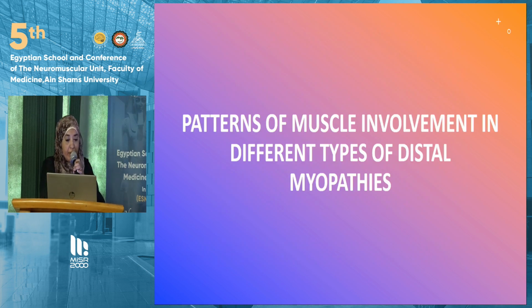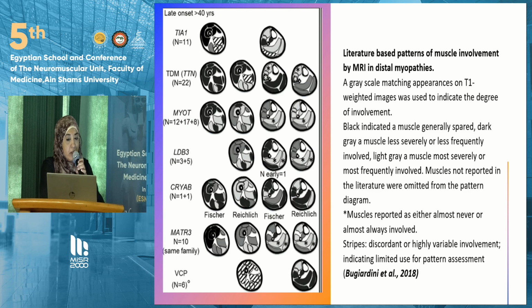Patterns of muscle involvement in different types of distal myopathies. This is a literature-based pattern of muscle involvement by MRI in distal myopathies, which is used for probable diagnosis of distal myopathy. In cases of late onset, more than 40 years, the muscles which are affected are shown in dark.